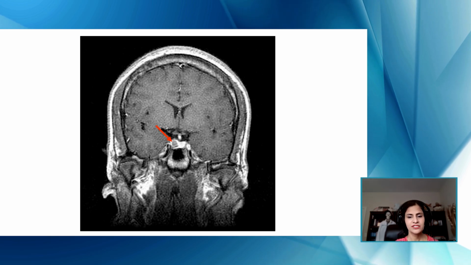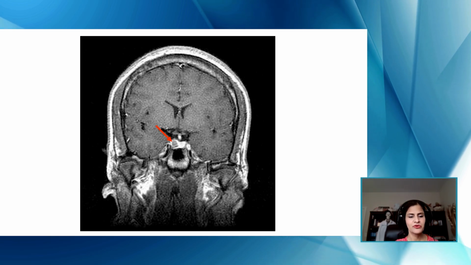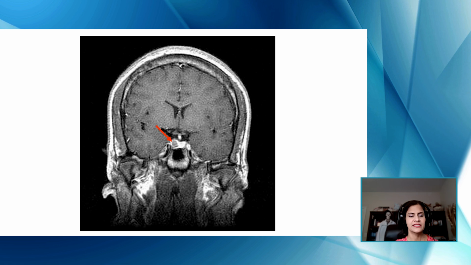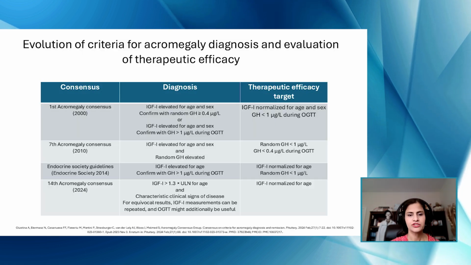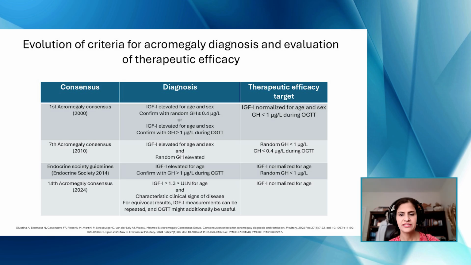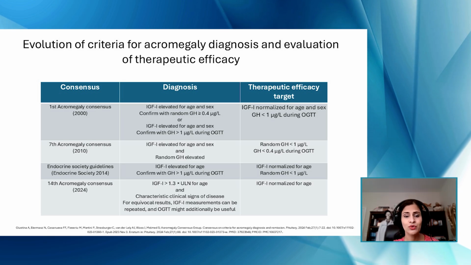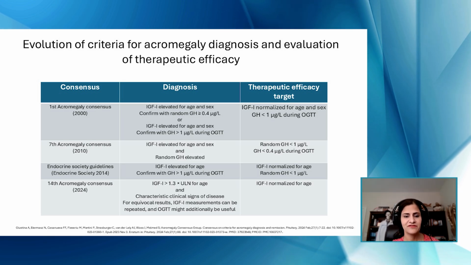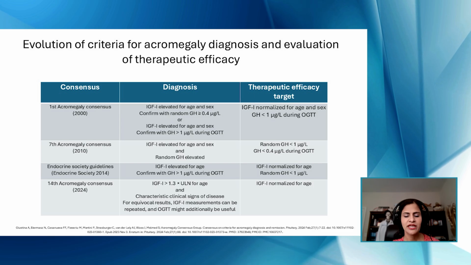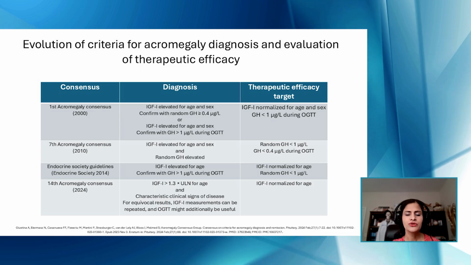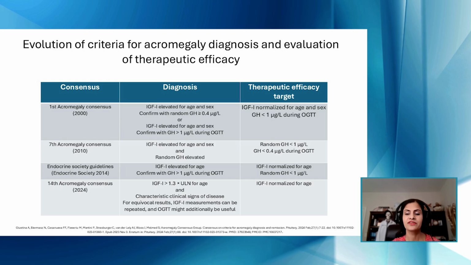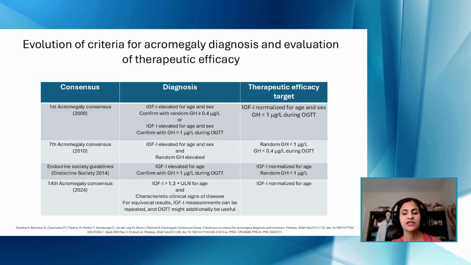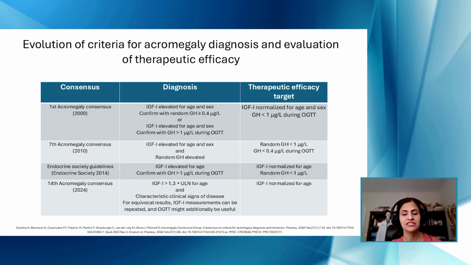So back to this question of what is the most appropriate test to confirm diagnosis of acromegaly? This next slide shows the evolution of criteria for acromegaly diagnosis and the evolution of therapeutic efficacy, which has changed over the years. You can see here that there have been several consensus guidelines over the years that included IGF-1, growth hormone, and OGTT.